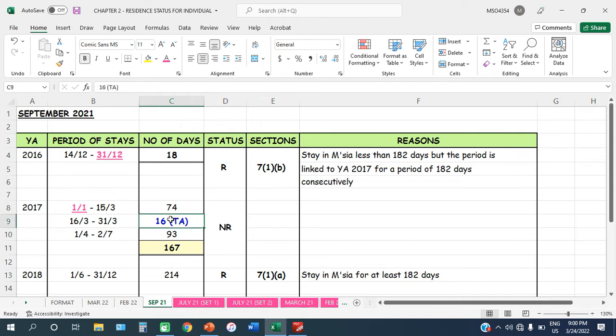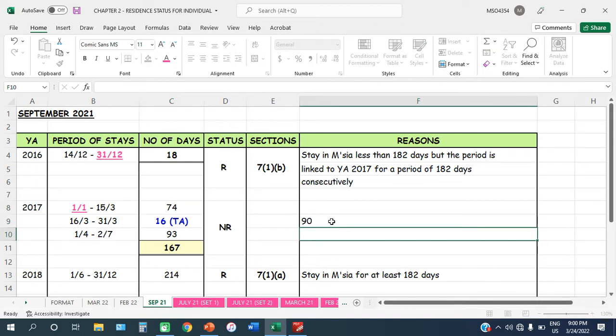Because without TA, guys, there will be a missing period here. Remember, link 2, I want 182 consecutively, meaning you cannot have a missing day. So here we go. 74 plus 16 days, you get 90 days. So 90 days is not enough, guys. I want 182. Go down.